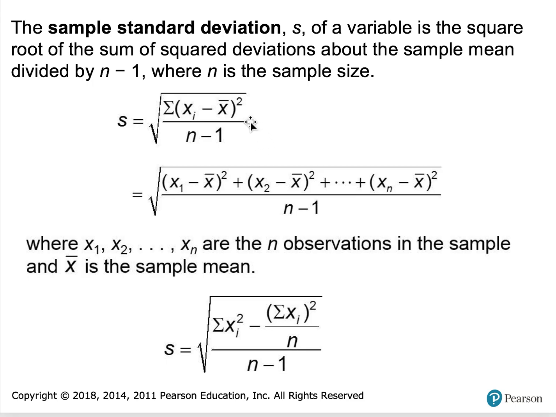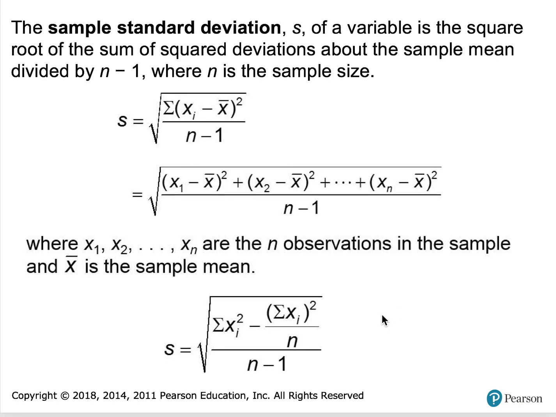Showing why we divide by n minus 1 is way beyond the scope of this introductory course. We're just going to go for it and understand that the statisticians have come to find out that that gives us a much better approximation of the actual standard deviation.